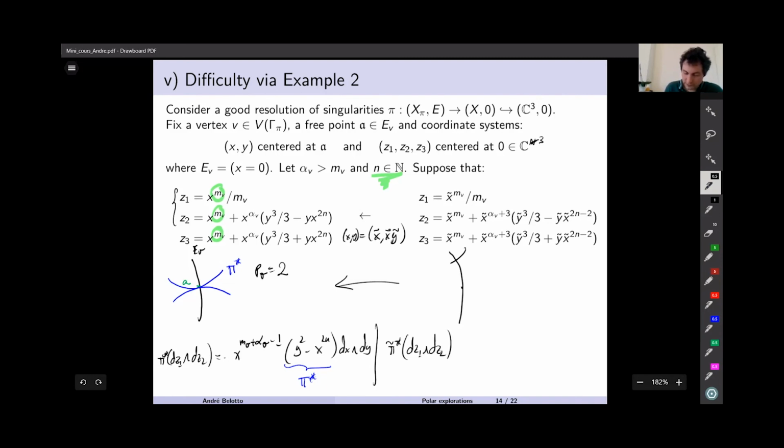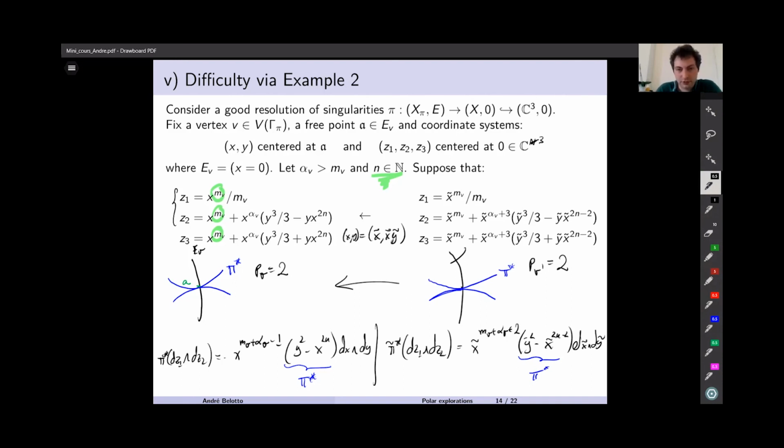By computing via the pullback of that expression of the normal form, what we're going to get is x tilde to the MV plus alpha V plus 2, times y squared minus x to the 2n minus 2 with tildes, dx tilde, dy tilde. And once again, this is going to be our polar curve. And PV prime is once again going to be equal to 2.